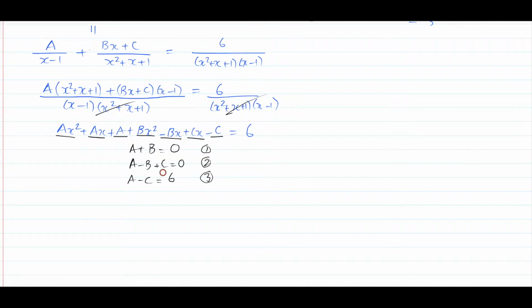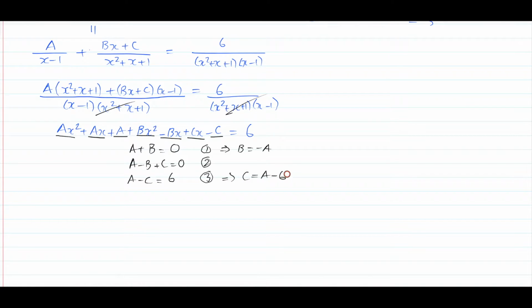Let's have a look at how we should solve for a, b, and c. We've got 3 equations and 3 variables, so definitely simultaneous equations would work. Now, how would we approach this? If you look at all 3 equations, they all have a in common. So why not make a the independent variable? So make b in terms of a. So b equals negative a, c equals a minus 6. I bring c over, bring the 6 over.